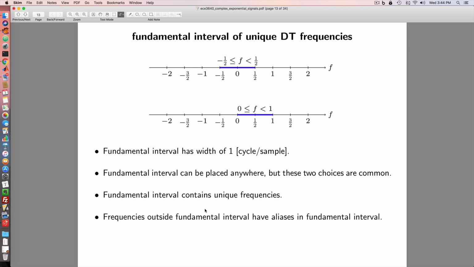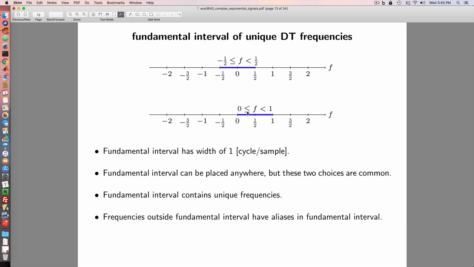You could define this anywhere, but probably the two most common definitions for the fundamental interval are to take frequencies between plus and minus 1/2, or to take frequencies between 0 and 1. Notice that both of these intervals are in length equal to one integer, essentially.